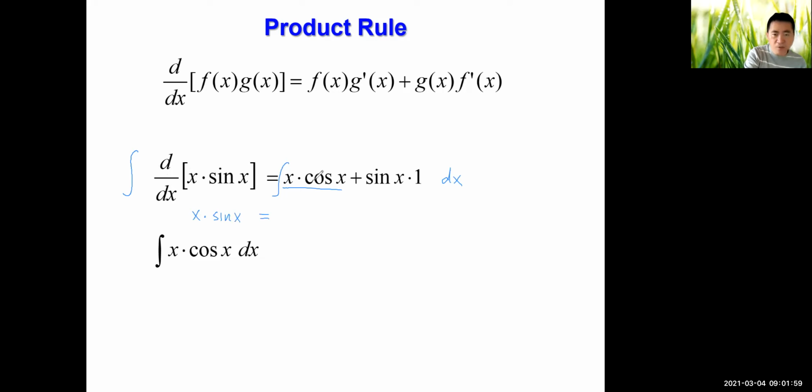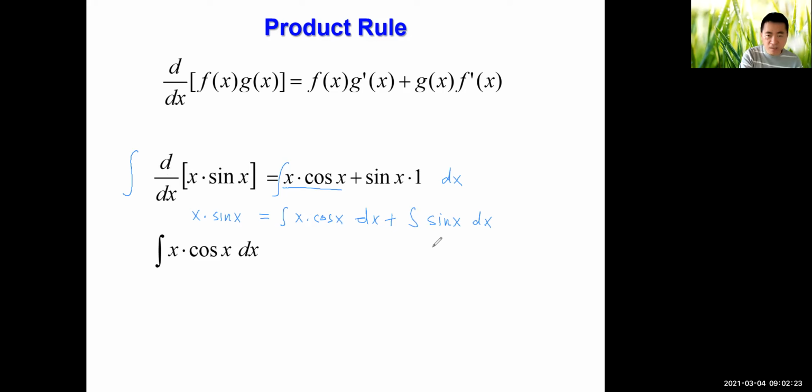The antiderivative of the right-hand side, which is a sum, is the antiderivative of x times cosine x dx, plus the antiderivative of sine x times 1, or just sine x. I can do that.